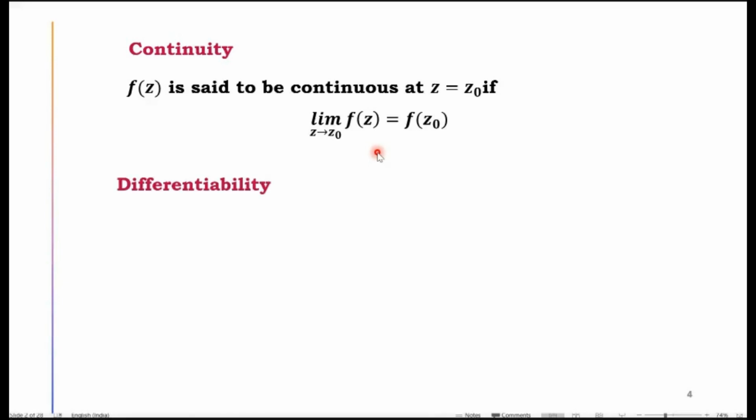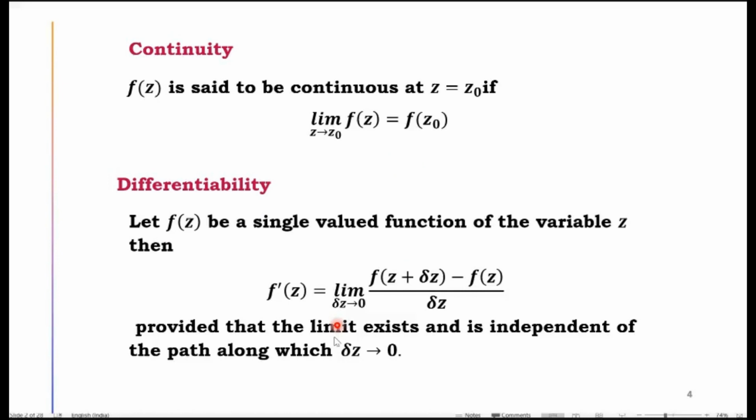Differentiability, do you remember the first principle formula we did in 12th? थोड़ा कुछ याद आ रहा है कैसे लिखा था first principle? We had applied first principle method. Limit h tending to 0, f of x plus h minus f of x upon h. The same formula here also. Limit delta z I'm taking instead of h. So limit delta z tending to 0, f of z plus delta z minus f of z upon delta z.